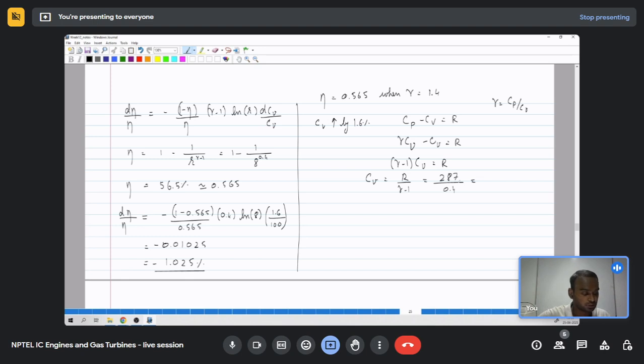So what is the CV value when we calculate 287 by 0.4?